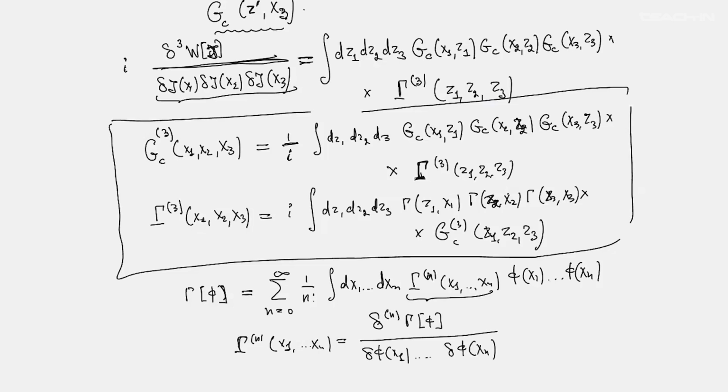So gamma on phi is a generating functional for vertex functions.